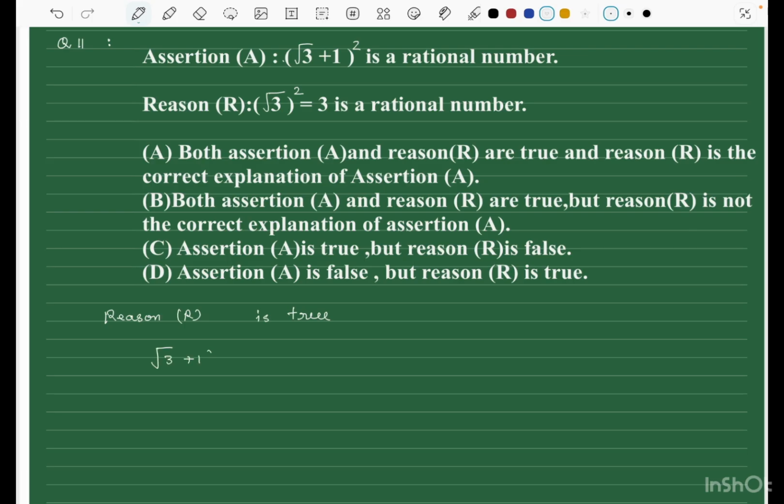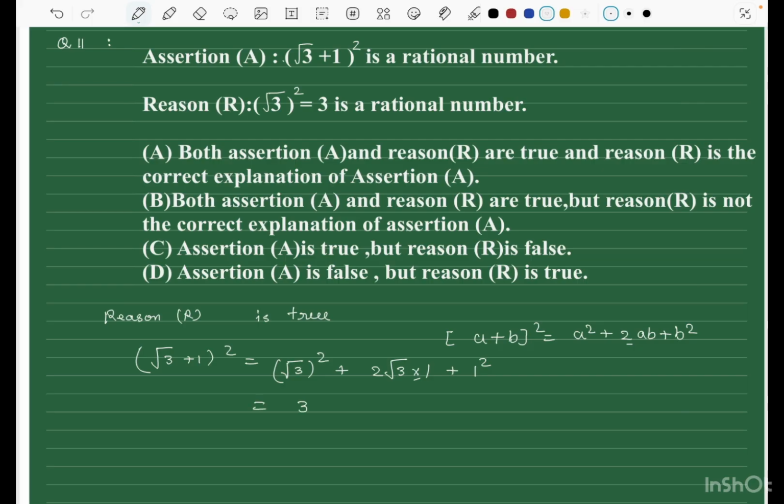So root 3 plus 1 all square is equal to, we can express in the expanded form. We know a plus b all square is equal to a square plus 2ab plus b square. Here a is root 3. So root 3 square plus 2 into ab, ab means root 3 into 1, plus b square, which is 1 square.